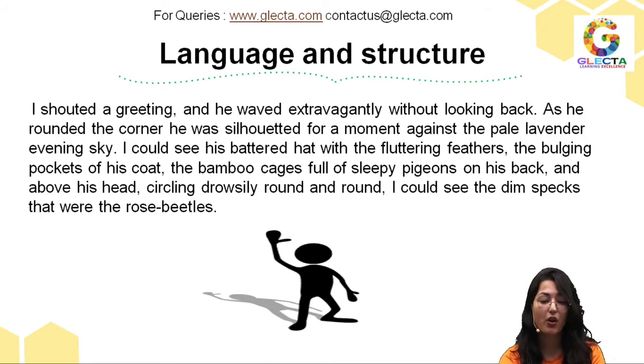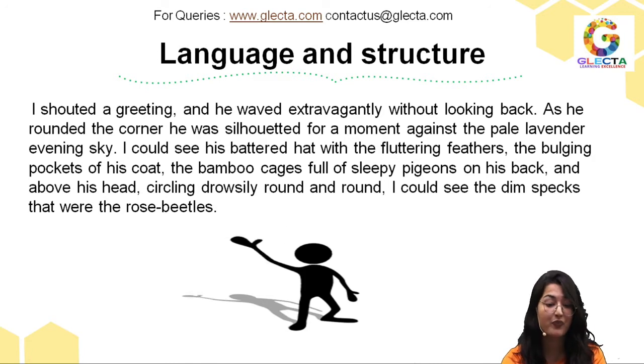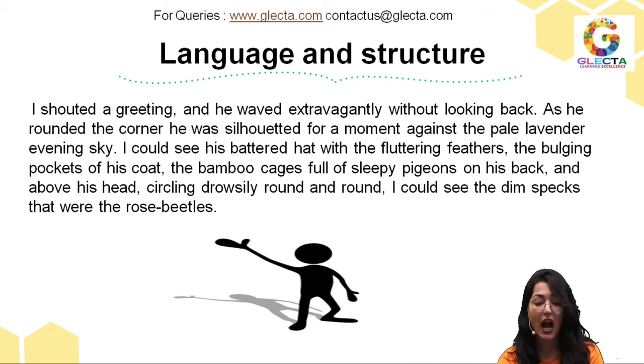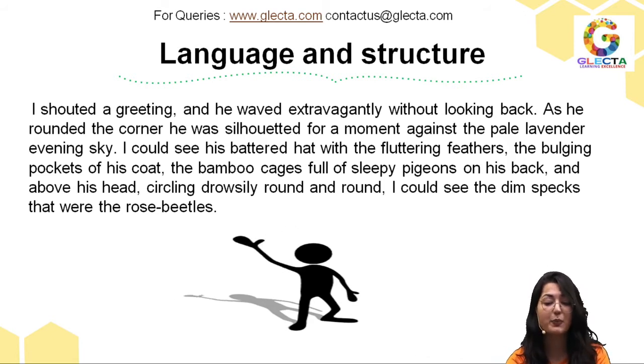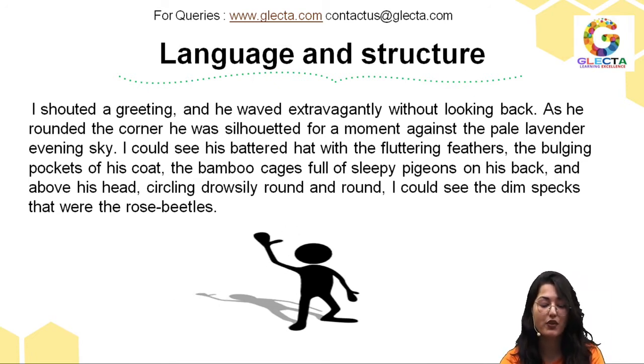As he rounded the corner, he was silhouetted for a moment against the pale lavender evening sky. I could see his battered hat with the fluttering feathers, the bulging pockets of his coat, the bamboo cages full of sleepy pigeons on his back, and above his head, circling drowsily round and round, I could see the dim specks that were the rose beetles. Here the specks means the dots and spots.